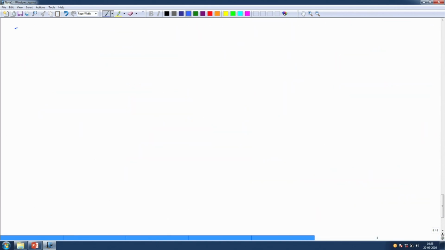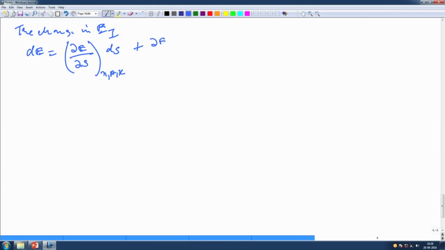So, the change in EI, that is what we are interested in, that is the change in the energy of the interface, is basically given as dE. Once again we can write it like this in terms of S, N, A and K. K here is the curvature, and this is of the interface only, recall.